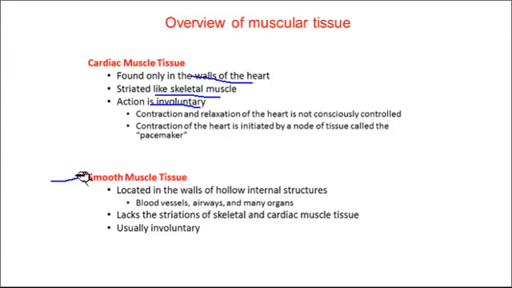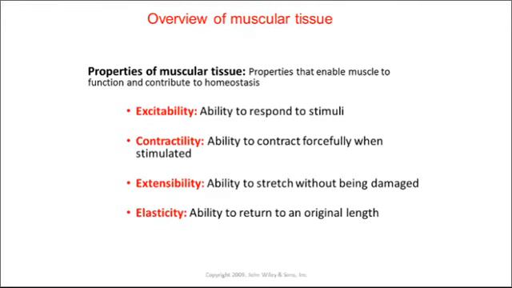Smooth muscle is located in the wall of hollow viscera, like the gastrointestinal tract, the uterus, the ureter, the airways, and the blood vessels. They are not striated, with no alternating light and dark bands, and are controlled by the autonomic nervous system, so they are usually involuntary.